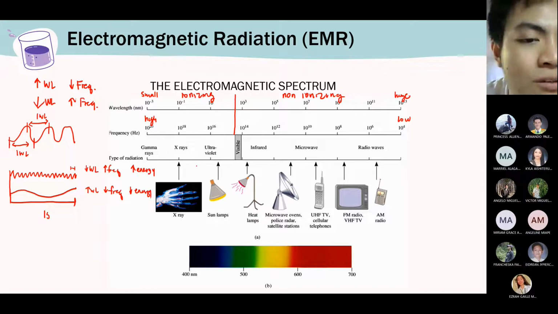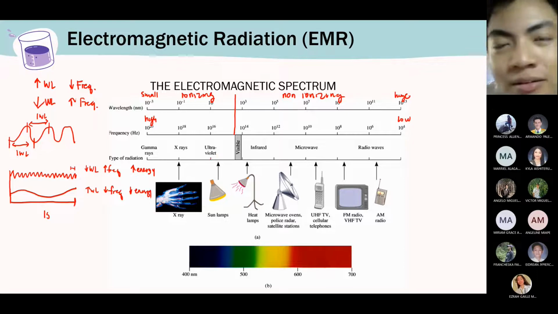But now, we healed the ozone layer. It is still healing, but at least continuous yung healing niya. So naging less concern itong ultraviolet radiation. Kumbaga, meron na rin kasing mga sunblock that help us not to be affected by UV rays that much. Okay, so yun yung ultraviolet radiation.